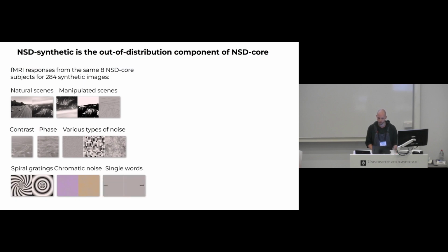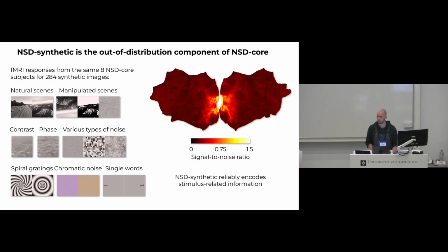The visual information of these stimuli is reliably encoded in NSD synthetic's fMRI responses, as indicated by high signal-to-noise ratio scores over visual cortex. Now, to be well-suited as a dataset for out-of-distribution tests of vision, NSD synthetic should not only reliably encode stimulus-related information, but should also exhibit a different distribution compared to NSD core.